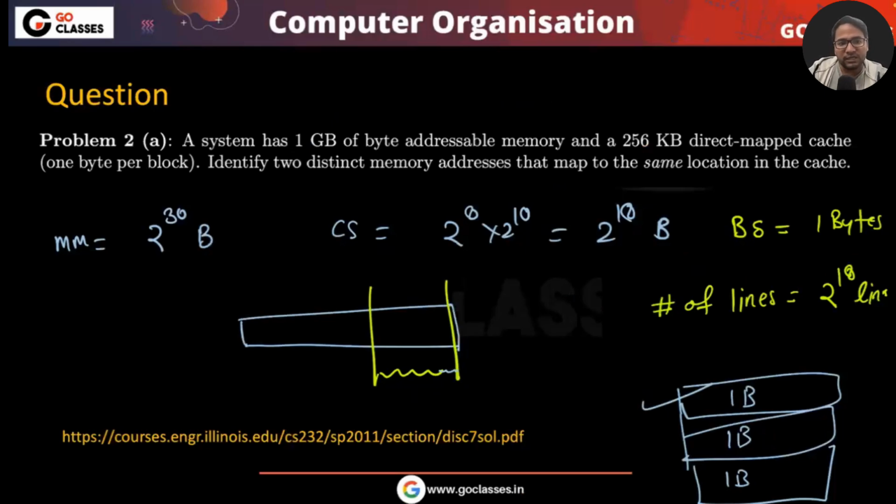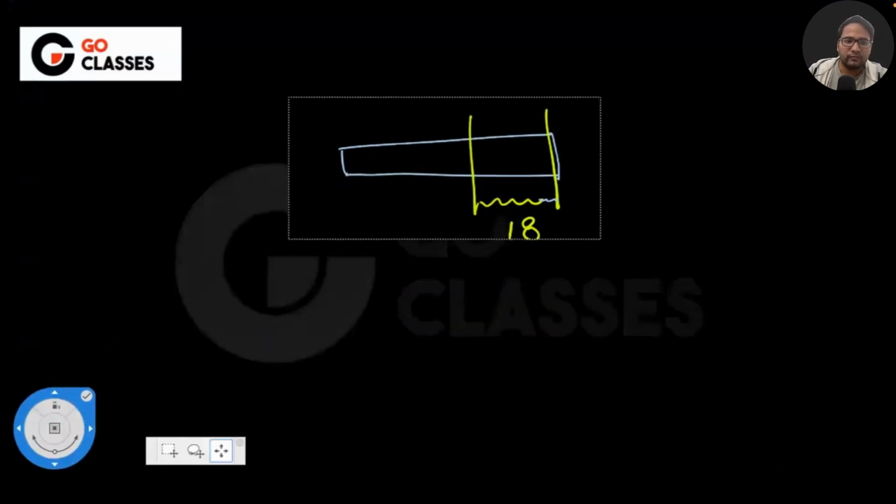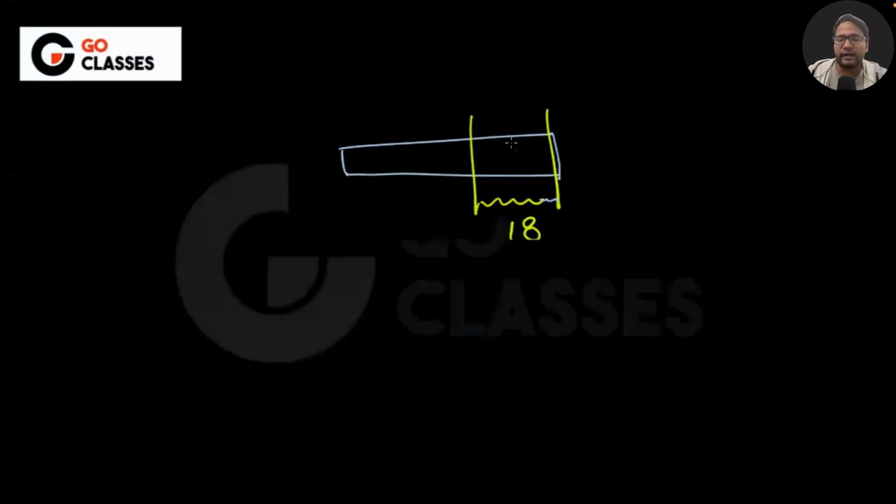Now, if they're saying to tell me any two addresses which are mapping to the same line, can you tell me? You can write some random number here, maybe 0100. I mean, any 18 bits. If this is the line number, you can write any 18 bits.